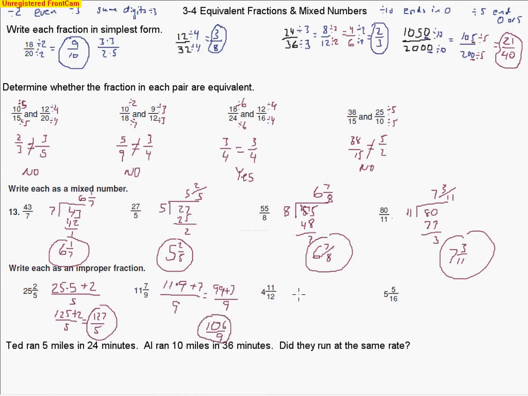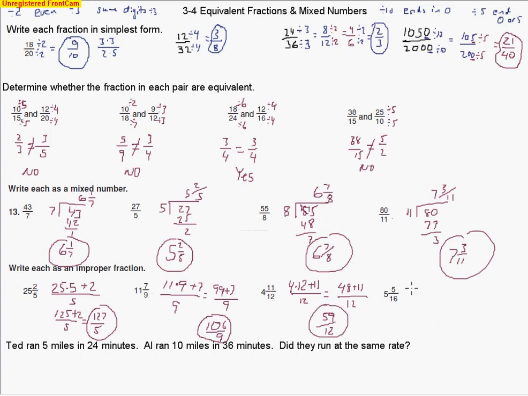And the next one here, we have 4 times 12 plus 11 all over 12. So we're multiplying the whole number by the divisor, add the numerator. And it's always over the divisor. So that makes 48 plus 11 all divided by 12. And we go ahead and add those two numbers together. We get 59. 59/12.